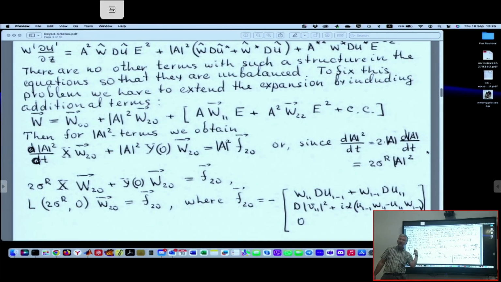If we stick an eigenvalue in, then the matrix will become singular by definition. So this means logically that we need to check that 2 sigma r cannot possibly be an eigenvalue of matrix L. Is that clear logically? We need to make sure that this is not an eigenvalue of the original matrix L.